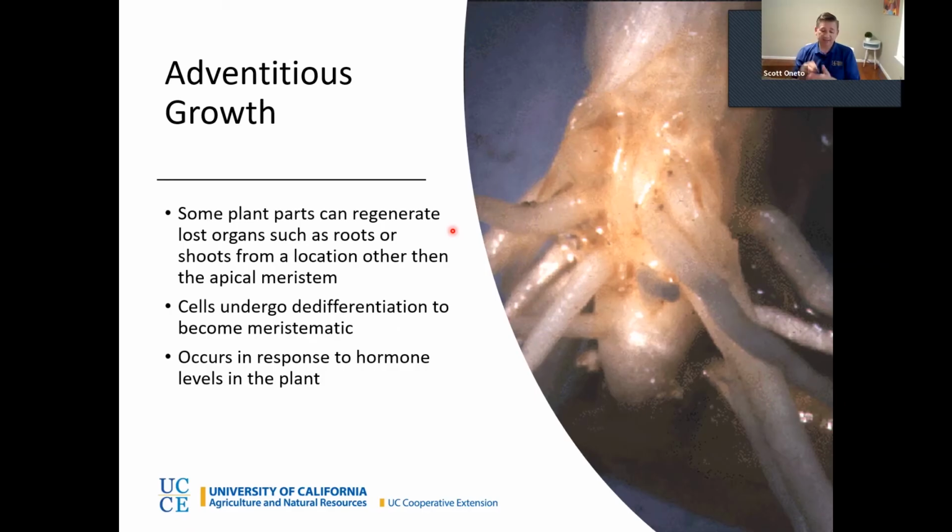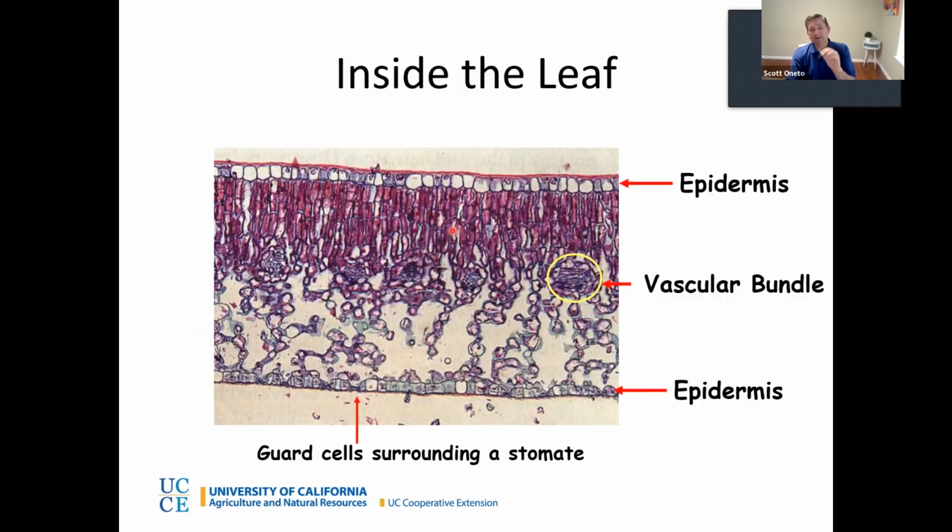And so what happens is that at that injury site, a couple of different plant hormones will get rushed to that site of injury when it occurs, and it can tell the plant to de-differentiate those cells. So the cells that were initially there doing their thing, there was a petiole there that I just ripped off, and so there's all those different cells that I just showed you right here.